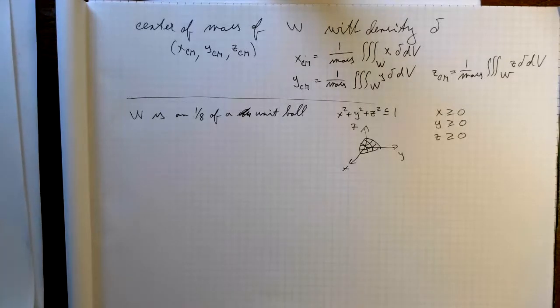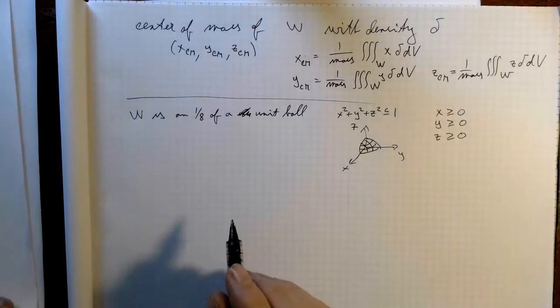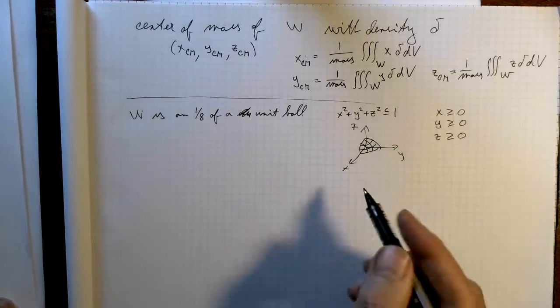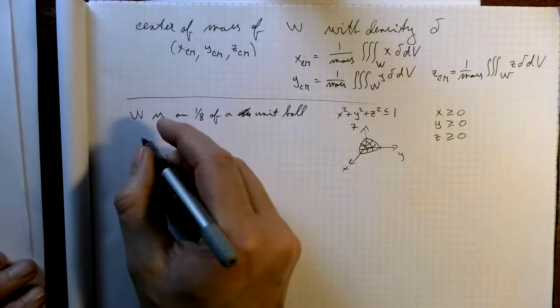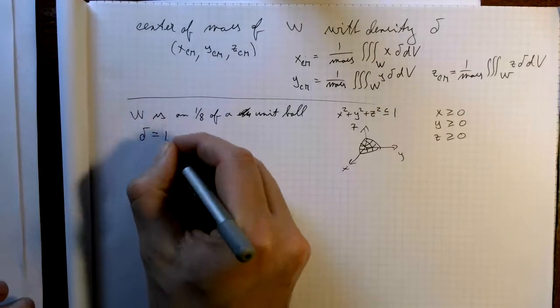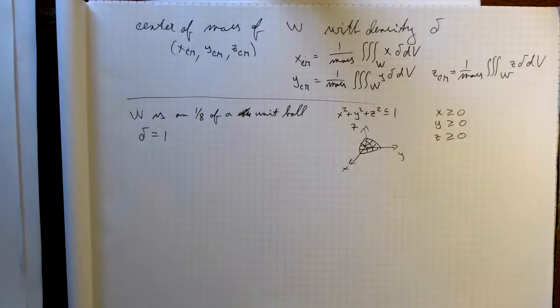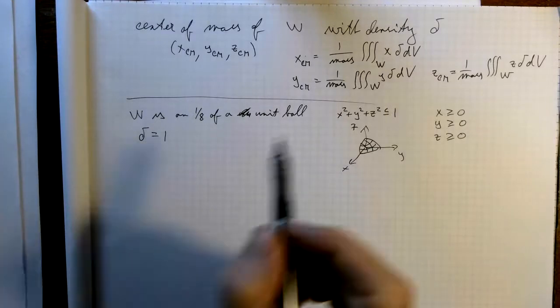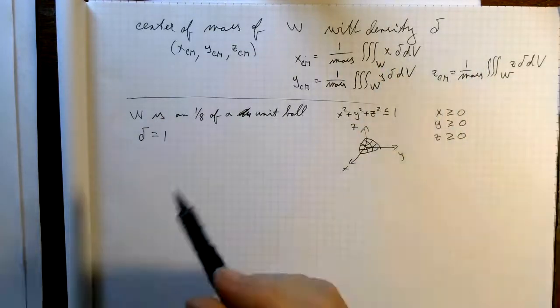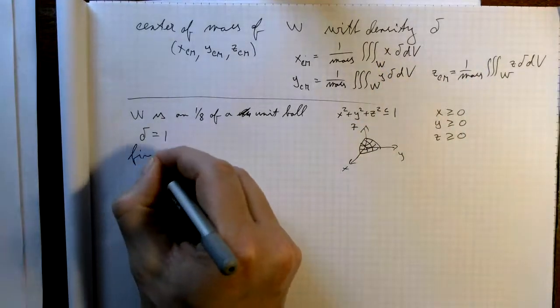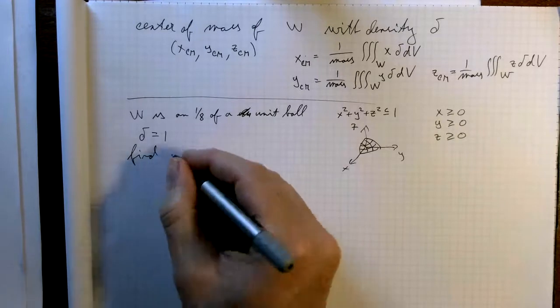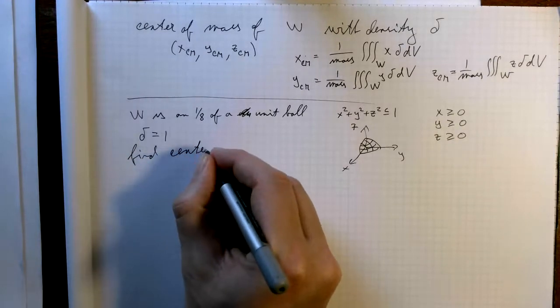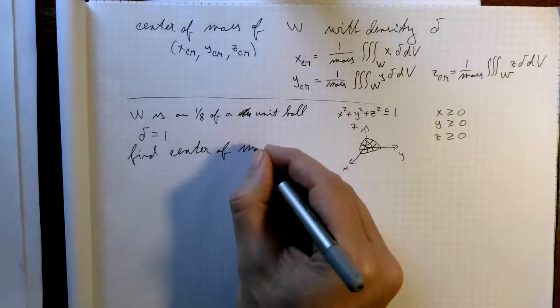Let's suppose that we have this ball, and that it has uniform density. Let's just say the density is 1. We can just ignore the delta in these formulas. So find the center of mass.